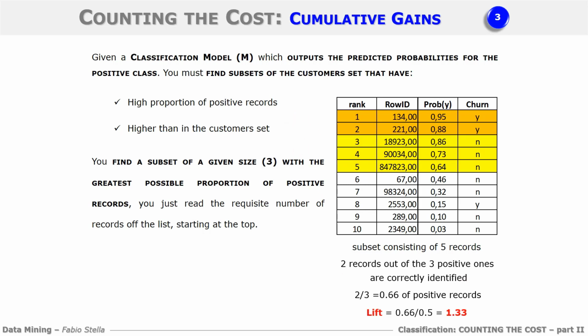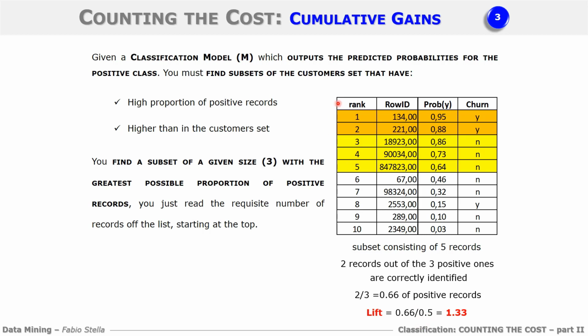Then the value of the lift associated with this new subset of potential customers is equal to 0.66, the fraction of positive records, so the fraction of churners which are correctly identified, divided by 0.5. Indeed, 0.5 is the fraction of positive records which is correctly identified by applying the random sampling procedure.